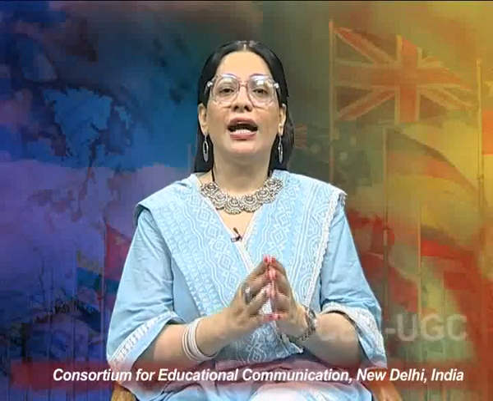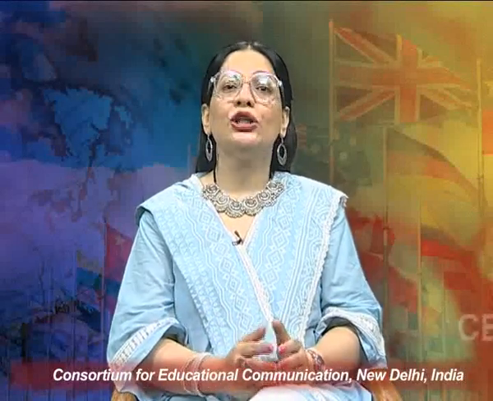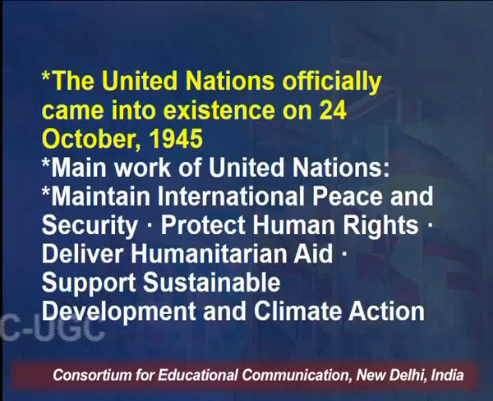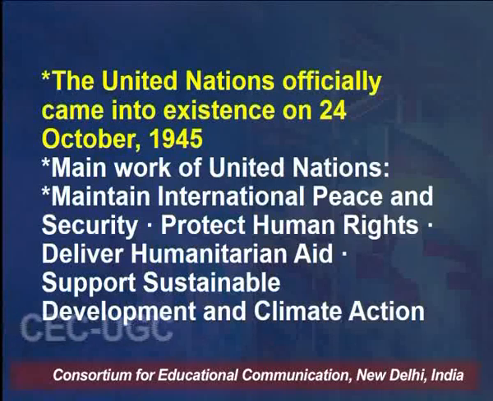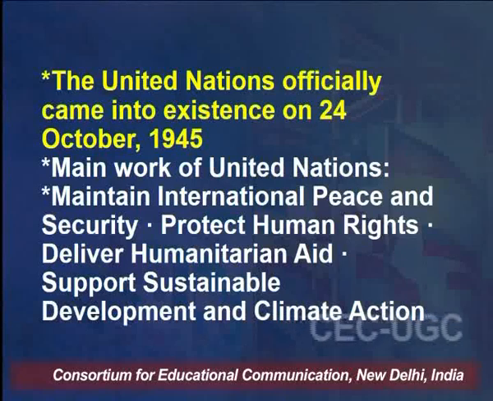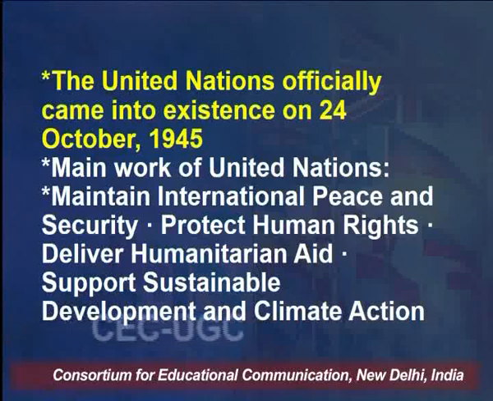United Nations as an international world organization officially came into existence on 24th of October 1945. What are the main works of United Nations? We all know that, and let's recall: maintaining international peace and security, protecting human rights, delivering humanitarian aid, supporting sustainable development and climate action, amongst others.